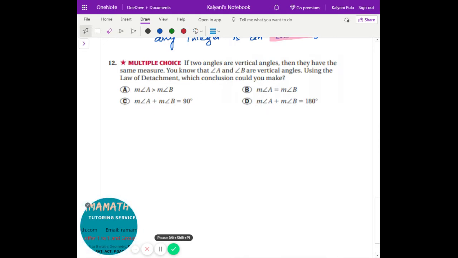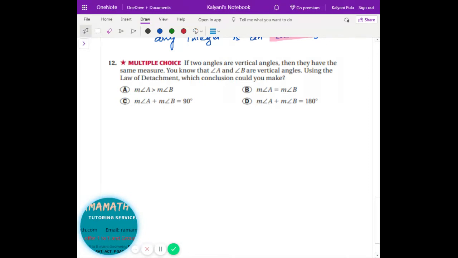Now let's look into this question. If two angles are vertical angles, then they have the same measure. Angle A and B are vertical angles. Using the law of detachment, which conclusion could you make? Go ahead and try this. Vertical angles means, I'll show you quickly.